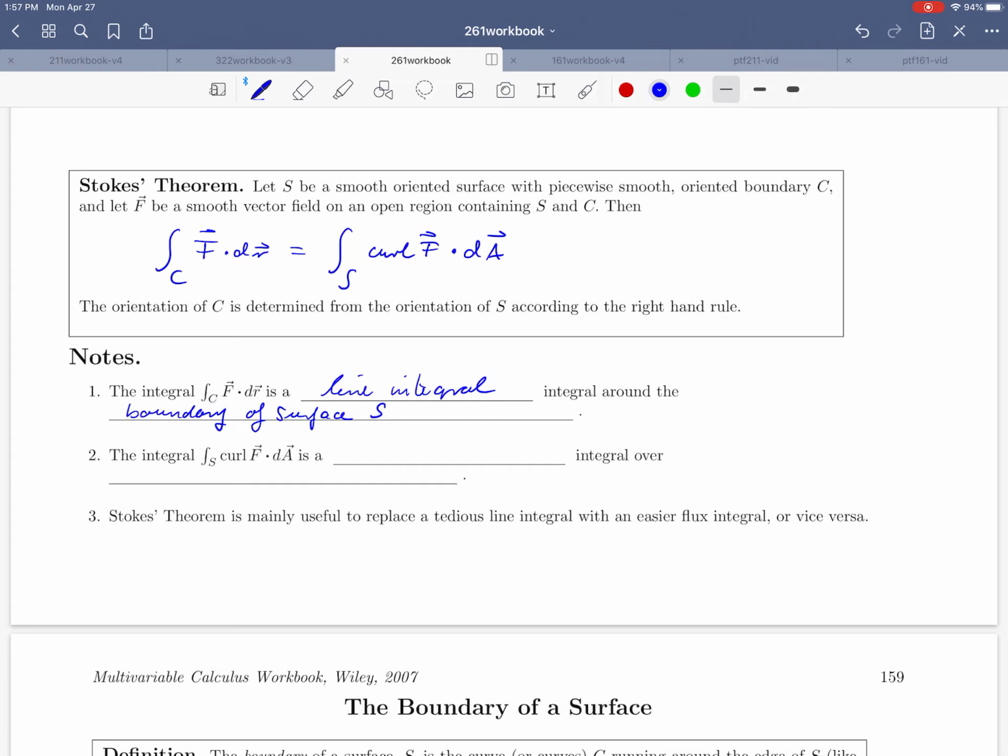And on the right-hand side, we have a flux integral: the integral over S of curl of F dA. That is a flux integral over the surface S.